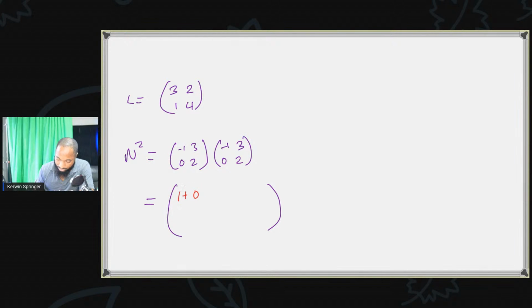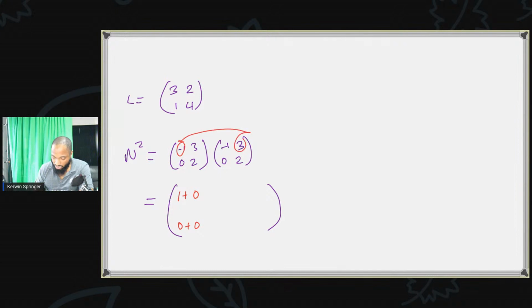That's this spot. Now to get this spot, you multiply the bottom row by the first column. Row by column, right? I have a whole video explaining this really slowly. 0 by negative 1 is 0, and 2 by 0 is 0. When you see zeros in these matrices, just laugh them off.